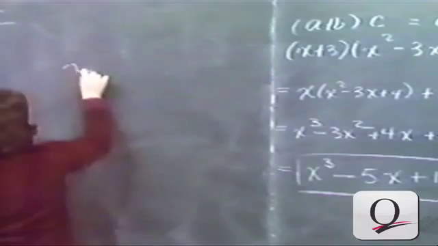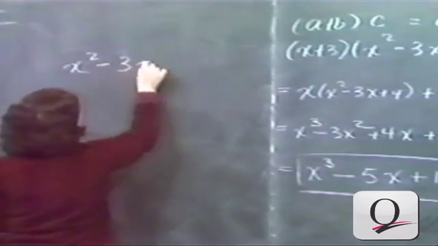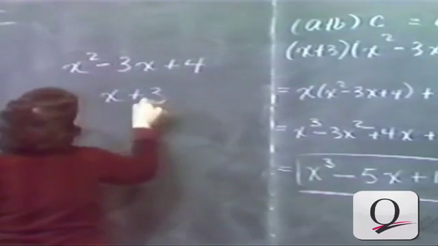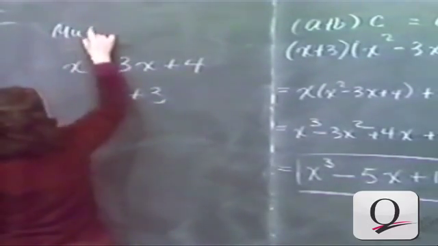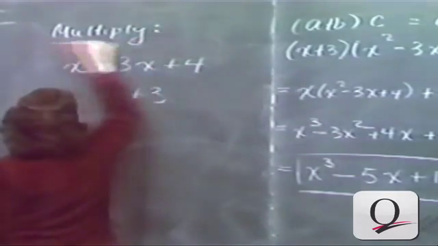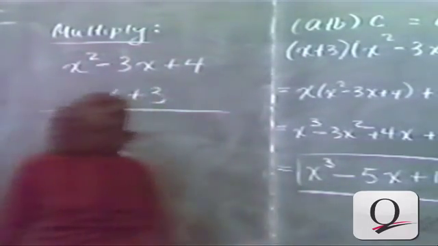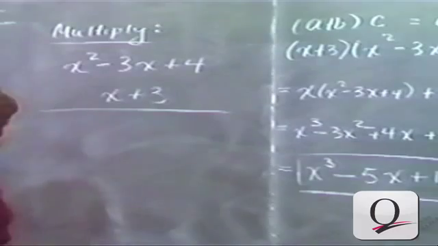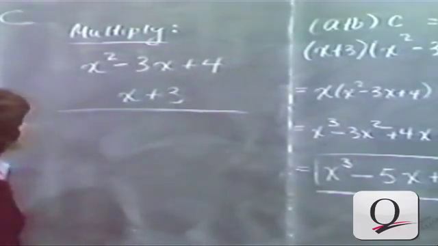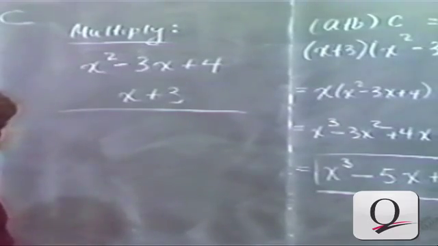Okay, we want to multiply x squared minus 3x plus 4 times x plus 3. I generally put the polynomial with more terms on the top, the one with fewer terms on the bottom. And we do exactly the same thing.